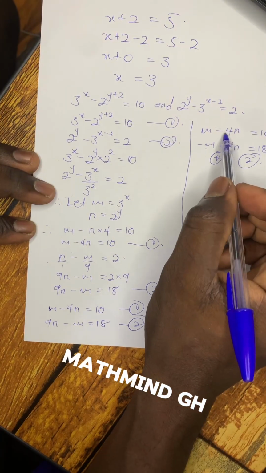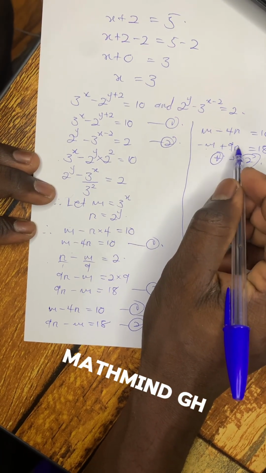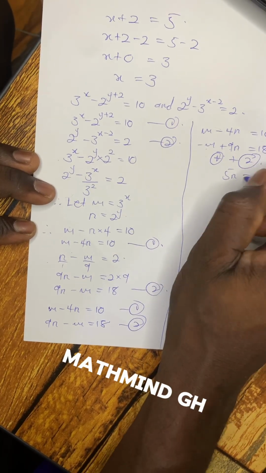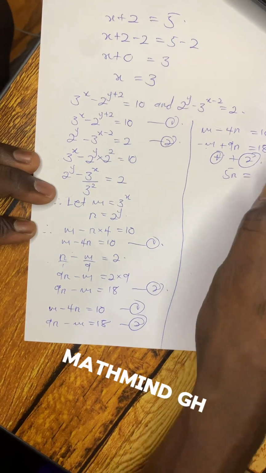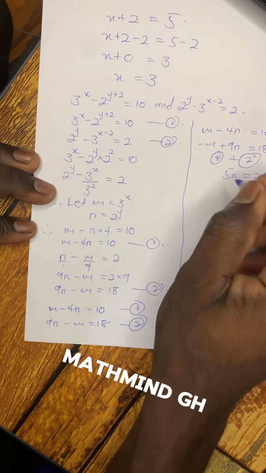Then we'll have negative 4n plus positive 9n, and that will give us 5n equal to 10 plus 18, which will give me 28.